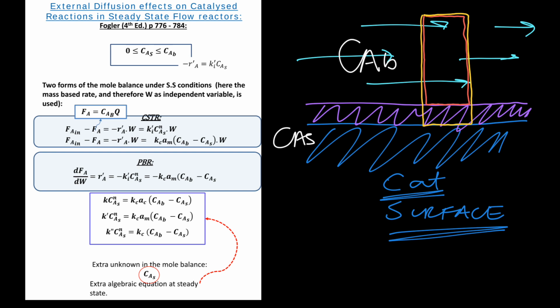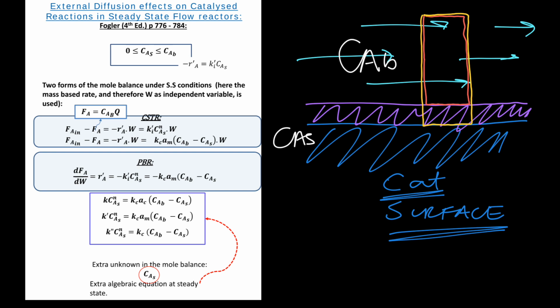When I now perform my mole balances, I can consider 2 different control volumes. First, that red control volume that I considered on the previous slide, that says, why does stuff disappear from the bulk? It disappears if I consider the red control volume because it diffuses into this boundary layer, and then it's not present in the bulk where I calculate my conversion.